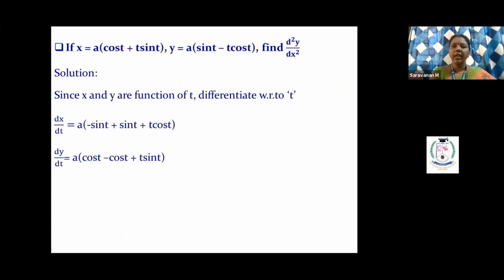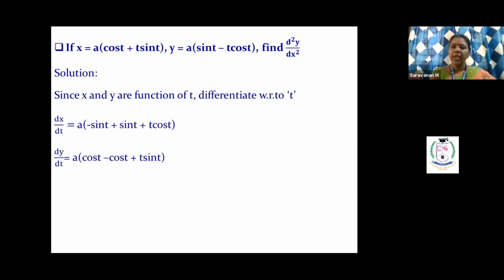So if we are getting the question this way, that is, x and y are in terms of t and we have to find the derivative of y in terms of x, at that time we have to proceed with respect to t first, and then find dy by dx. So what we have to do?